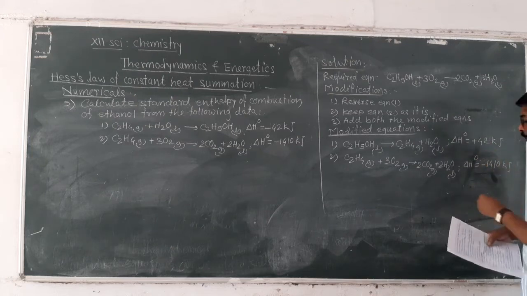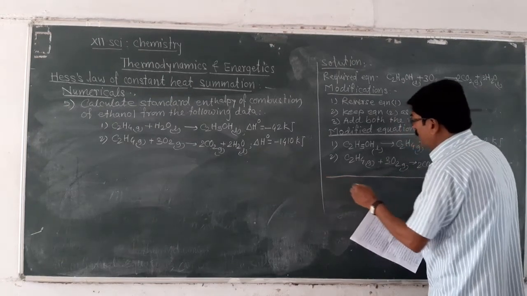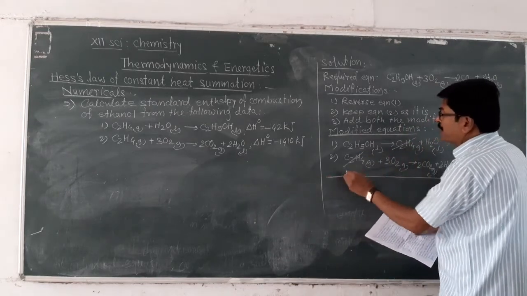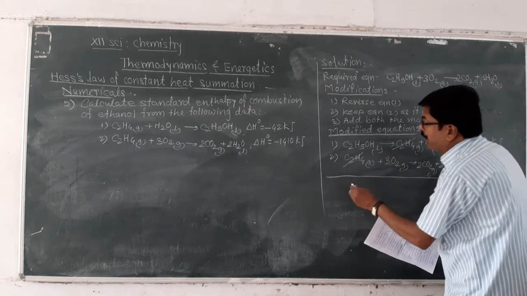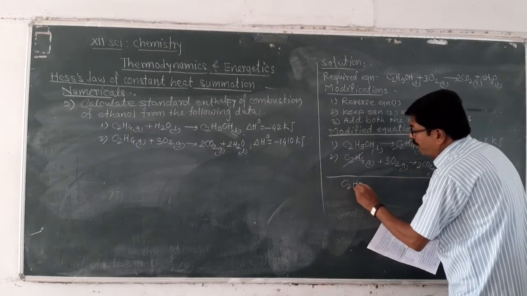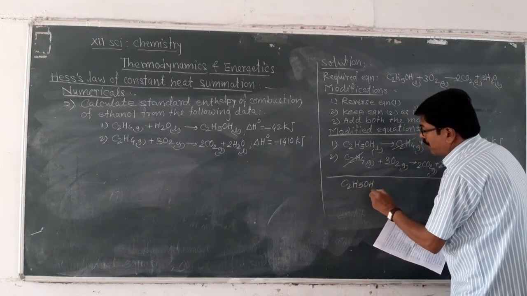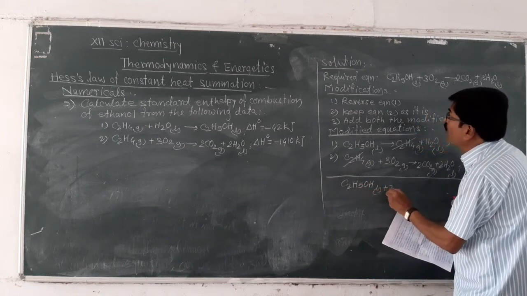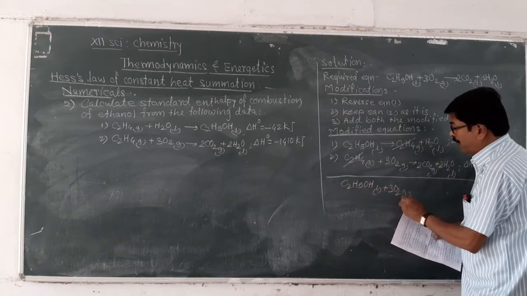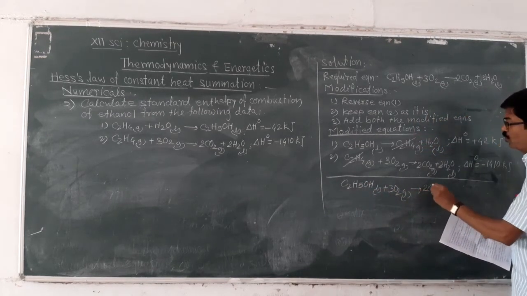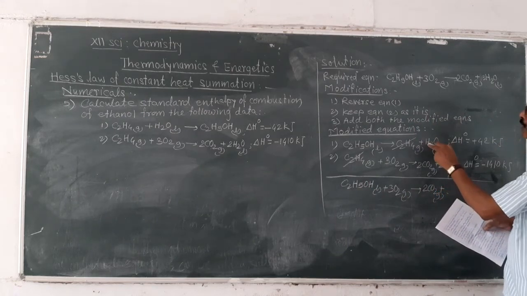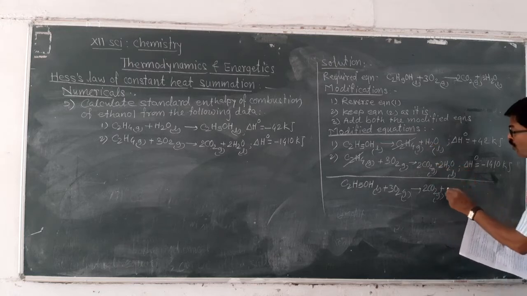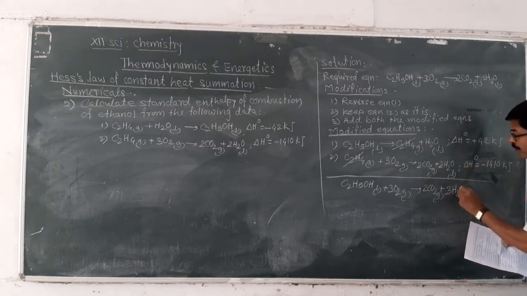By algebraic sum, if you add these two, C2H4 gas gets cancelled, and we get C2H5OH liquid plus 3O2 gas to give 2 CO2 gas plus 1 H2O plus 2 H2O, 3 H2O liquid.